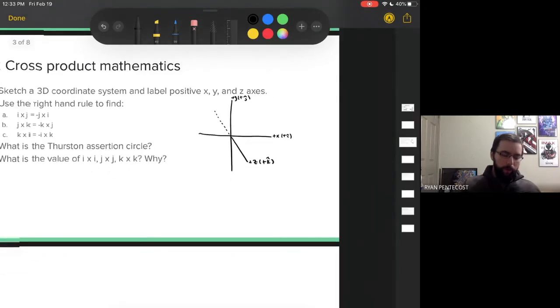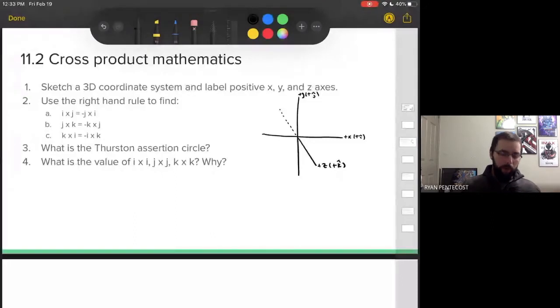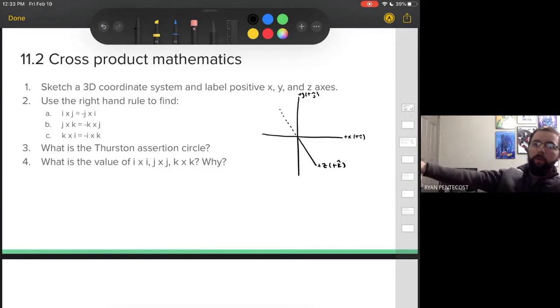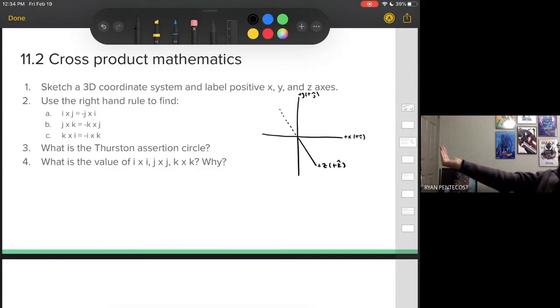Now, use the right-hand rule to find that I cross j equals negative j cross I. So let's do that. Okay, this is going to twist your wrist in silly ways, but we have positive I to the right. Okay, this actually might be easier with your arm. Positive I to the right, positive j is up. That means that our thumb is pointing what should be towards us, right?